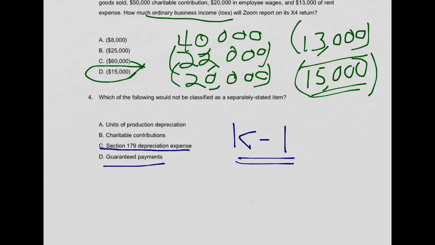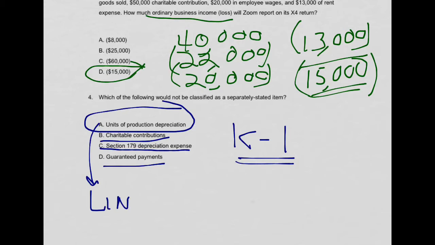Section 179 has a line item. Charitable contributions has a line item. There's no line item for units of production depreciation. It's included in line 1, net income, and we're done. So it's not separately stated. Yes, it's netted, but there's no specific line item for it.